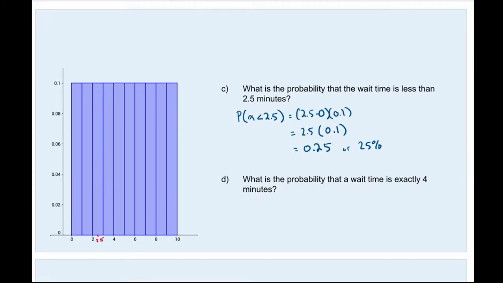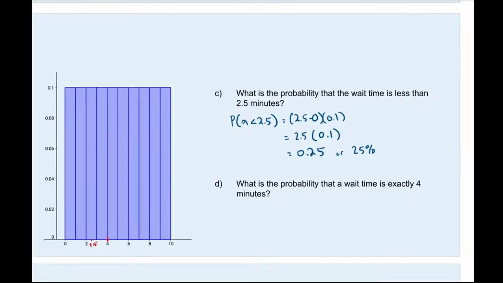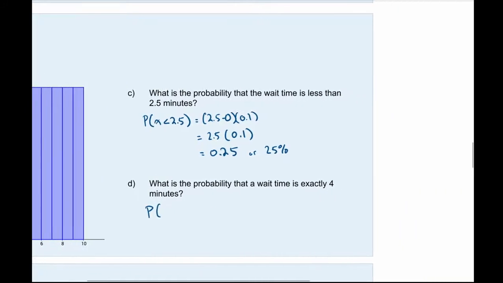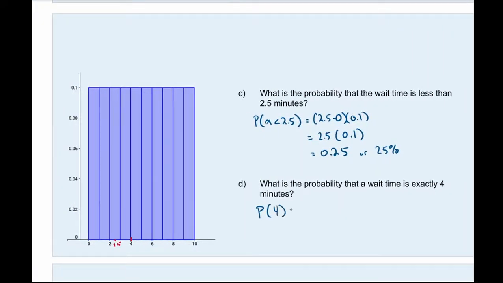Finally, for D, what is the probability that a wait time is exactly 4 minutes? Well, in this case, if I look at exactly 4, the probability of being 4 minutes exactly, my base or width, whatever measurement of the interval, is 4 minus 4, so I don't really have a width, multiplied by 0.1. 0 times 0.1 equals 0, or 0%.